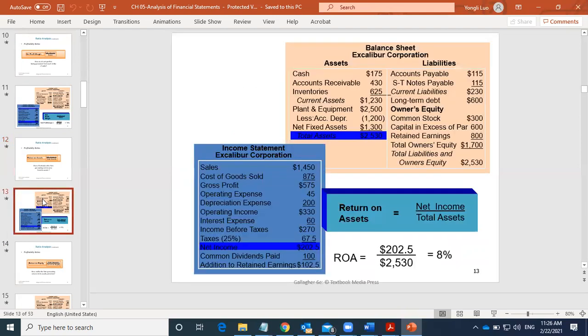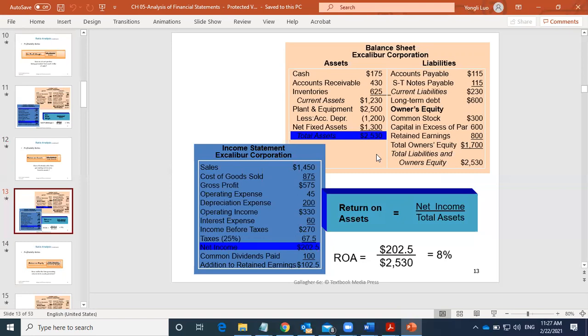Now you can see here, you need to get the net income, the bottom line of the income statement, and you also have to get data from the balance sheet, your total assets. So this time you have to use the data from both the income statement and the balance sheet.